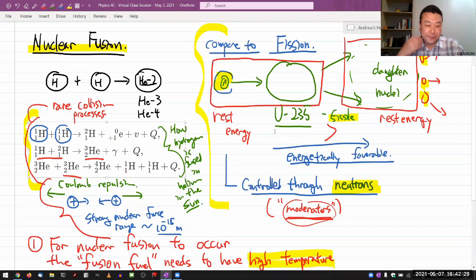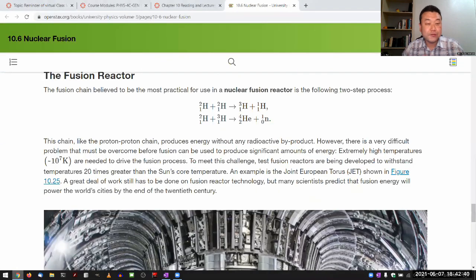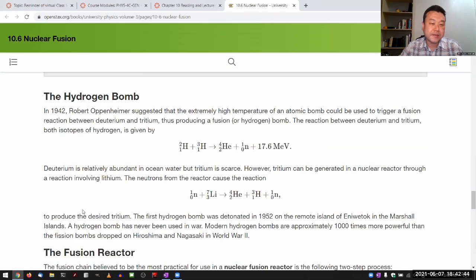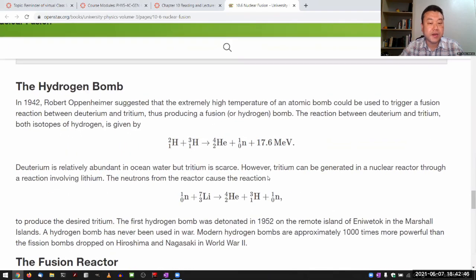And a lot of the funding for the nuclear fusion research has come through the time of the Cold War, when the United States was competing with the Soviet Union on who's going to build the biggest bomb. And that's what this section is describing.